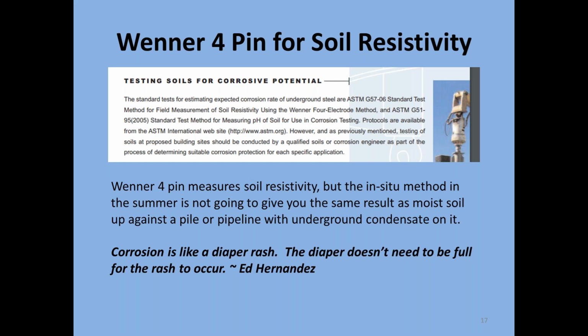So basically, there will be moisture up against the metals underground, and the soil in contact with that metal will now be in a saturated situation. So basically, a minimum soil resistivity. So that's why it's important to get the minimum soil resistivity number and categorize your site's corrosivity using that, as well as the water-soluble salts. The chemistry matters too. So let's see.